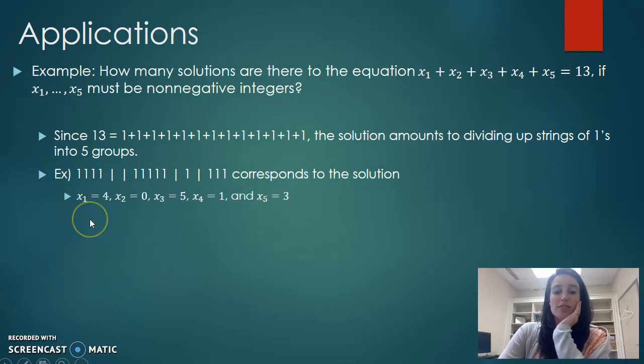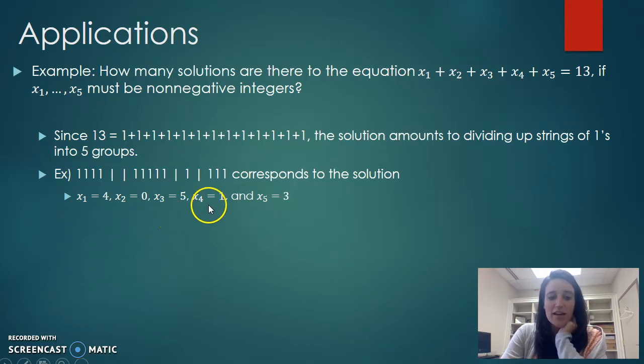So that corresponds to the solution x1 equals 4, x2 equals 0, x3 equals 5, x4 equals 1, and x5 equals 3. If I add those numbers up, I do get 13, so that is one solution to the problem.